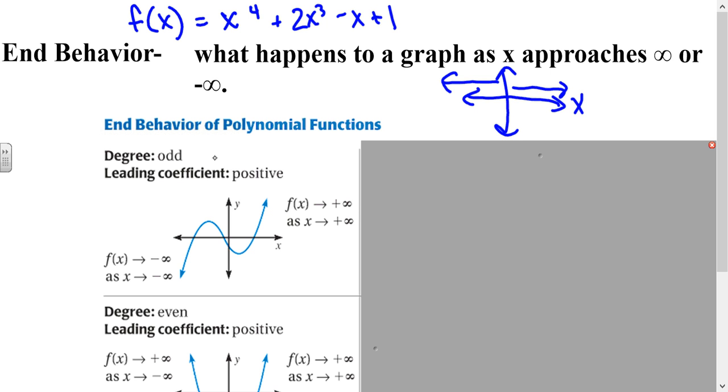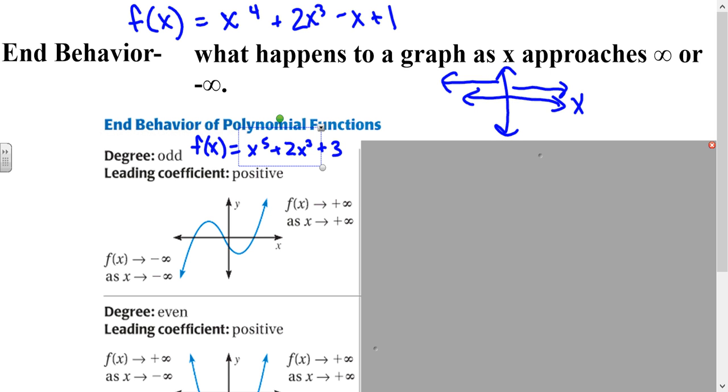For example, if I have f of x equals x to the fifth plus 2x cubed plus 3. This would be an example where the degree is odd, because we have 5 as our degree, and our leading coefficient is positive.